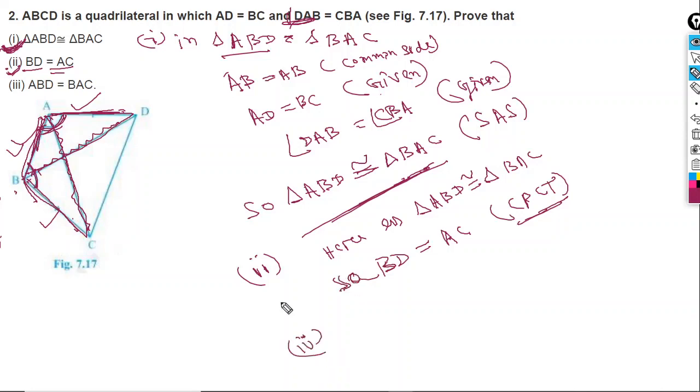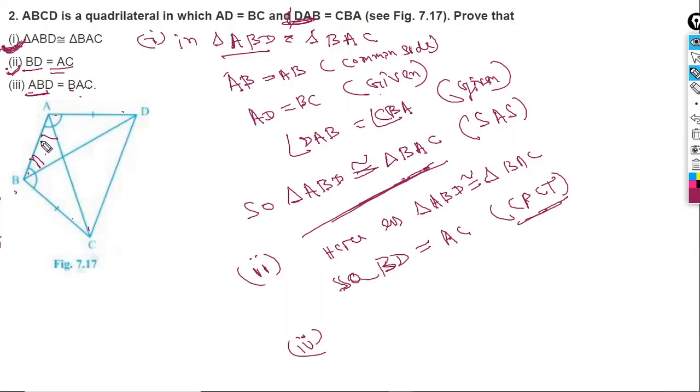Let's see what is (iii). Angle ABD equal to angle BAC. Where is ABD? Okay, this angle. I'll clear the figure for you first. Now here you can see angle ABD, this angle, equal to angle BAC.